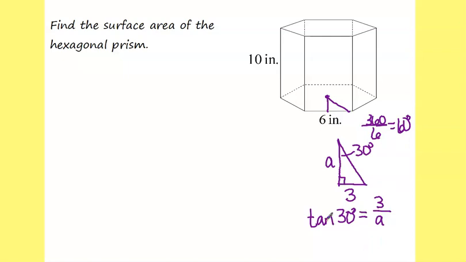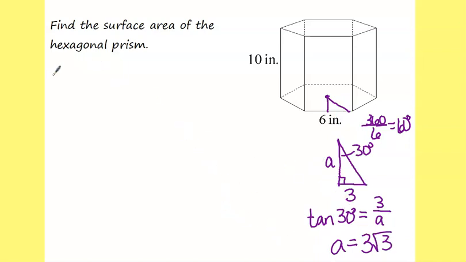So we're going to take 3 divided by the tangent of 30 degrees, which is going to come out to be 3 times the square root of 3, which is the same thing you would get if you use your 30, 60, 90 rules, going from the short leg to the long leg, you multiply by the square root of 3. So that's the apothem.